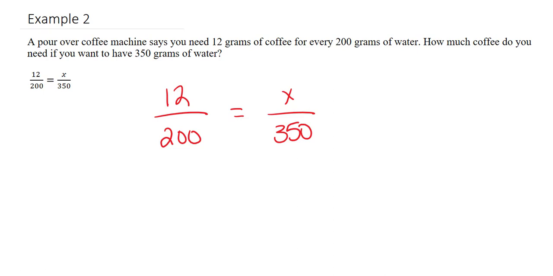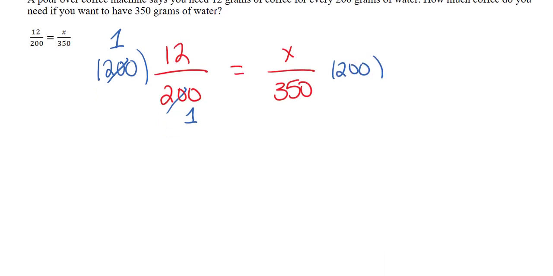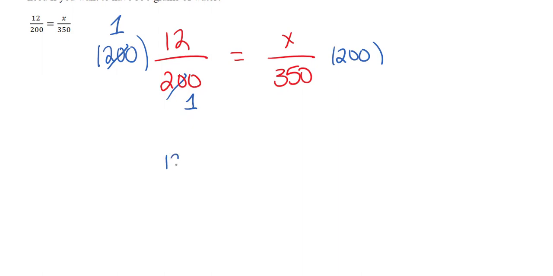To get the denominators out, we multiply on the top, and that way this just becomes equal to 1. But whatever we do to one side, we have to do to the other. So we're left with 12 times 1, so that's just 12, which is equal to 200 times x over 350.